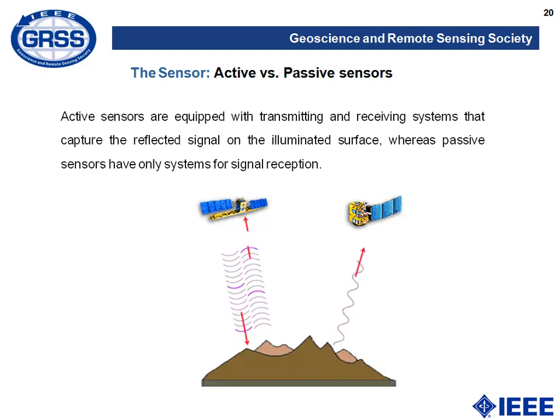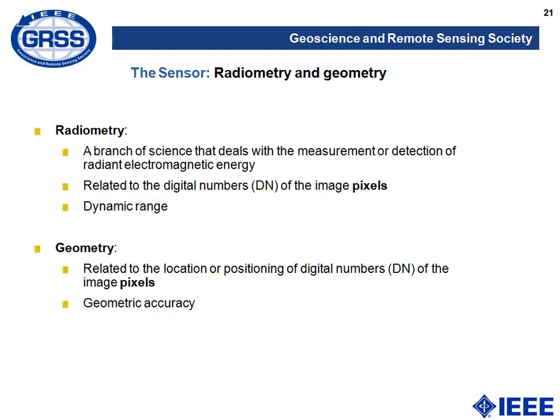To talk about a sensor is to talk about its main characteristics, in terms of radiometry and geometry. Radiometry is a branch of science that deals with the measurement or detection of radiant electromagnetic energy.